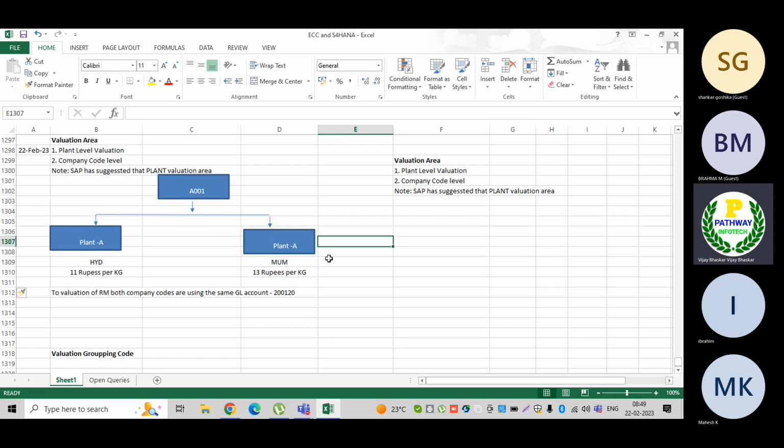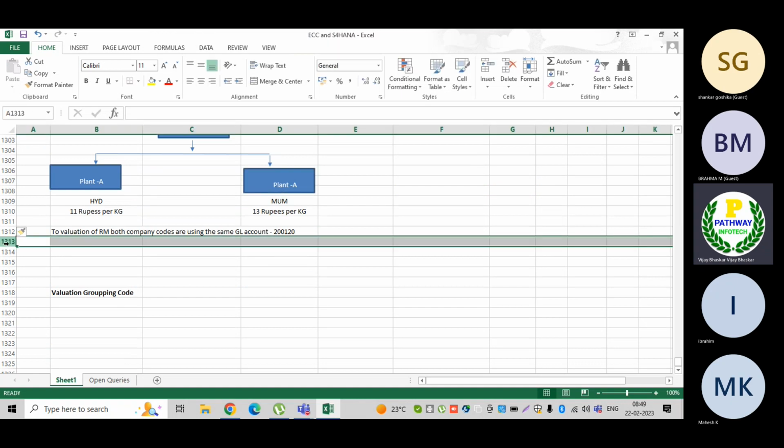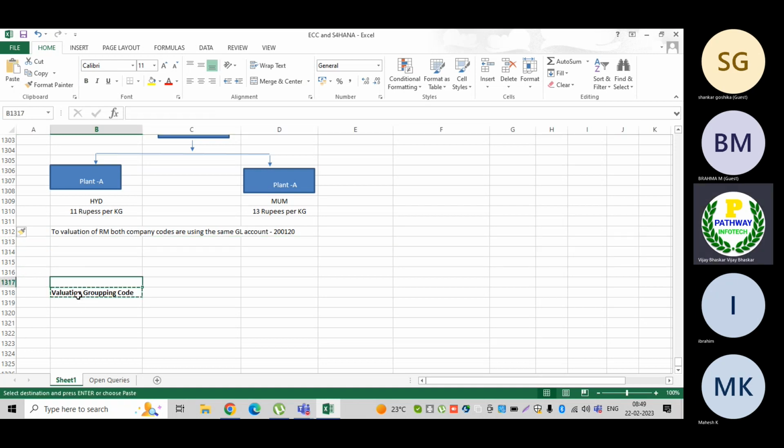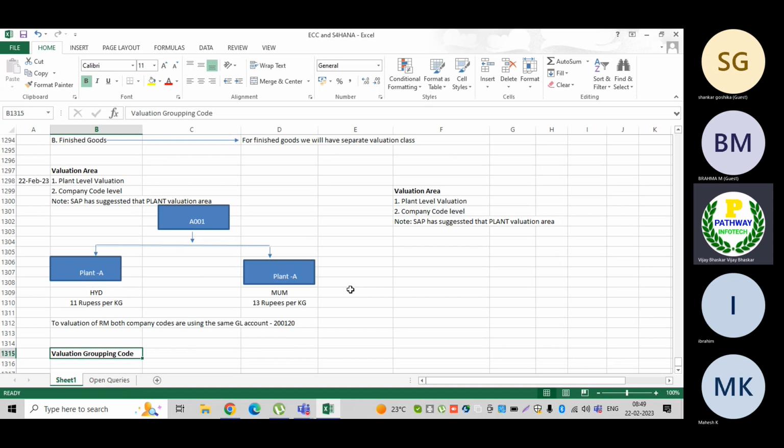So if you perform valuation at plant level, you will get the information. So there are two valuation levels: one is company code level, another one is plant level.